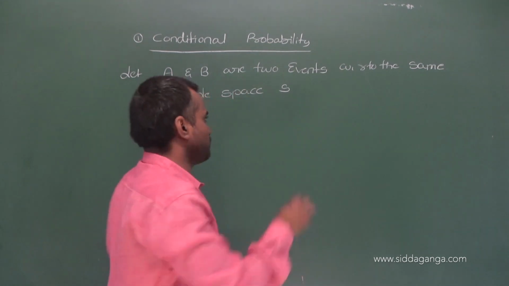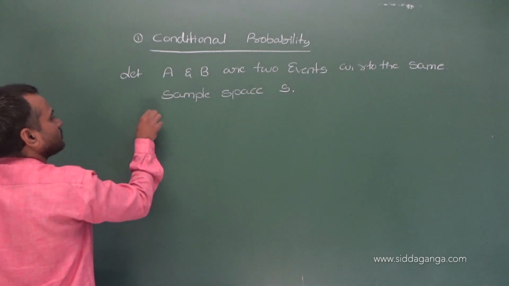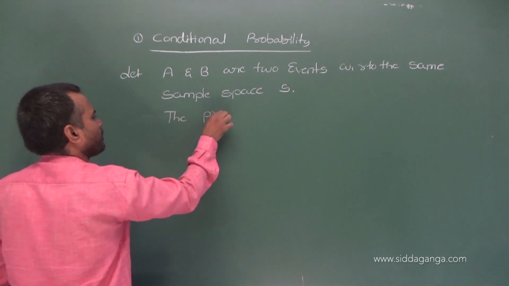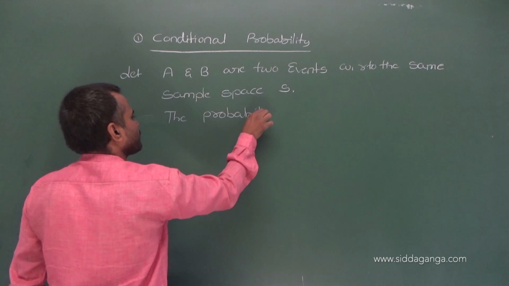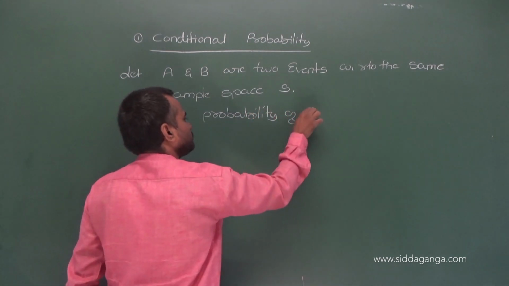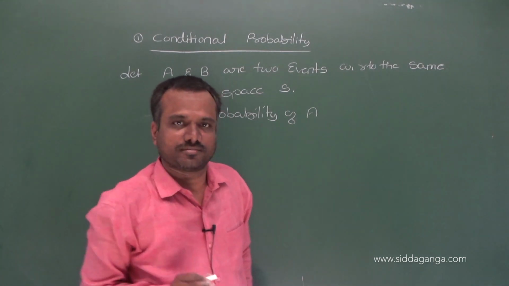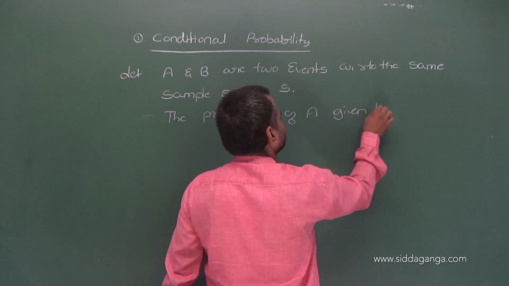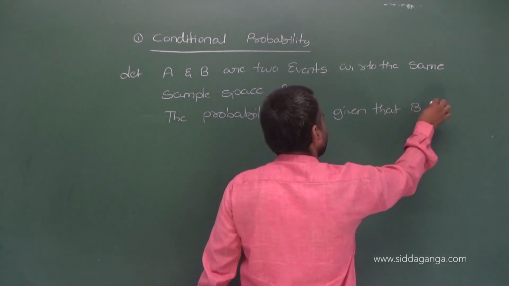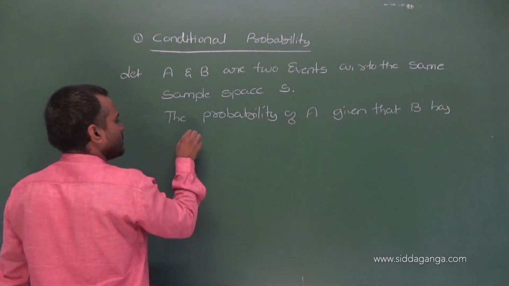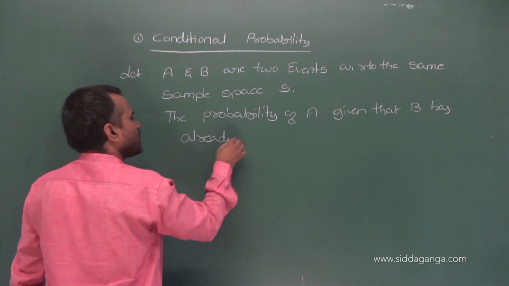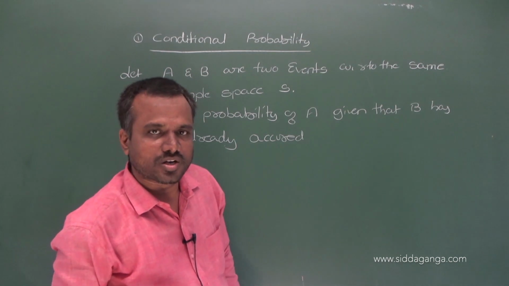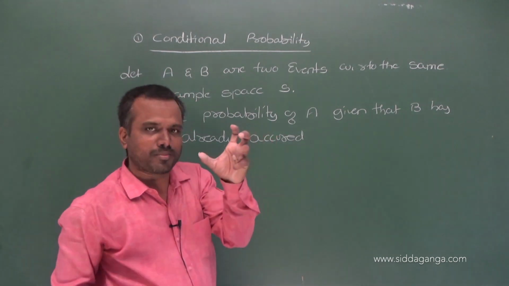Then the probability of A, given that B has already occurred, means the probability of B is given.